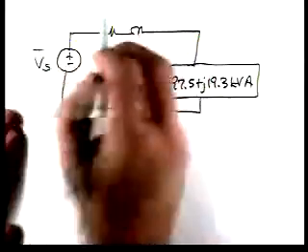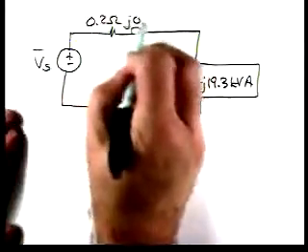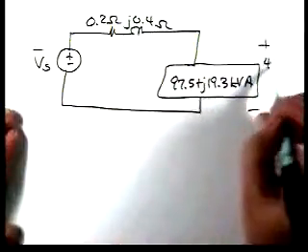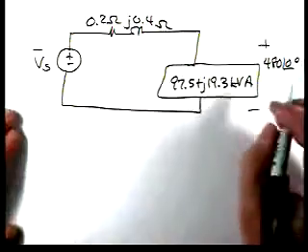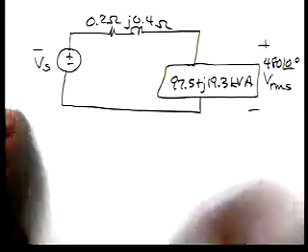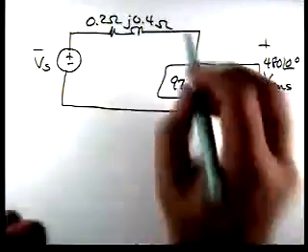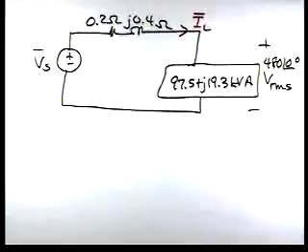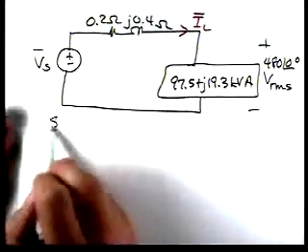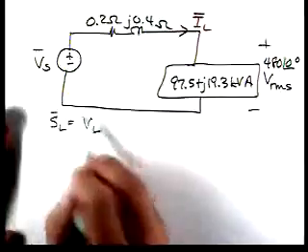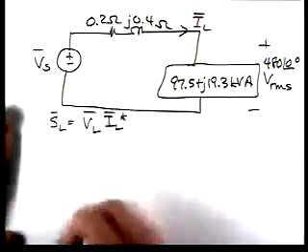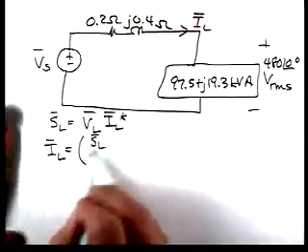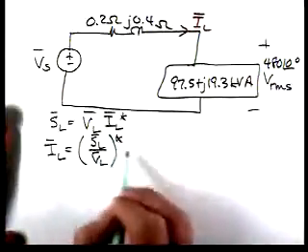Here's Vs. We've got 0.2 ohm plus j0.4 ohm. The voltage across our load is 480 at an angle of 0 volts RMS. Now, let's calculate this current IL. So S sub L, which is the load, is VL IL conjugate. So we can solve for IL as SL over VL and take the conjugate.